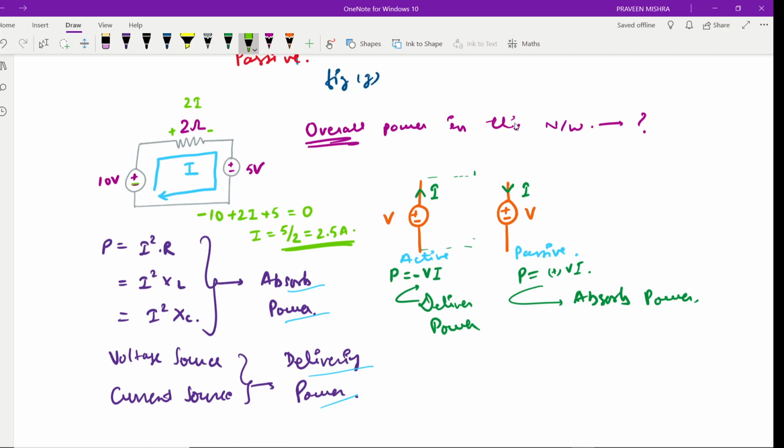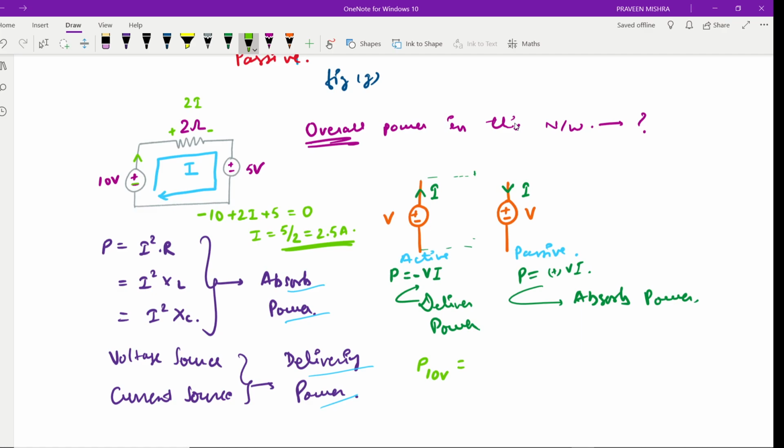So, power absorbed or delivered by the 10-volt source. Here we have considered the clockwise direction, and the sign is like this, meaning the current direction is this one. So this one will deliver the power.